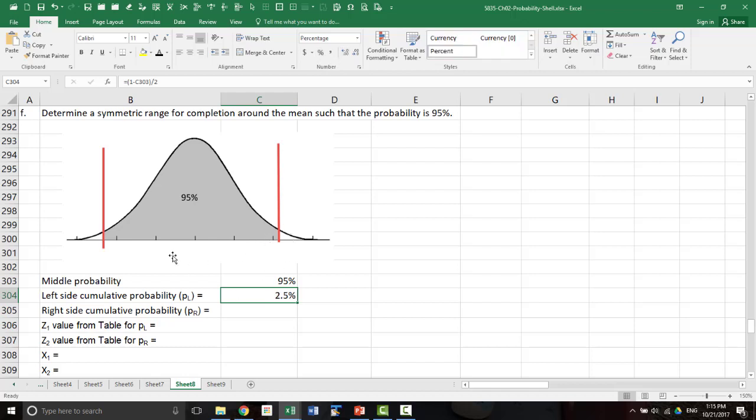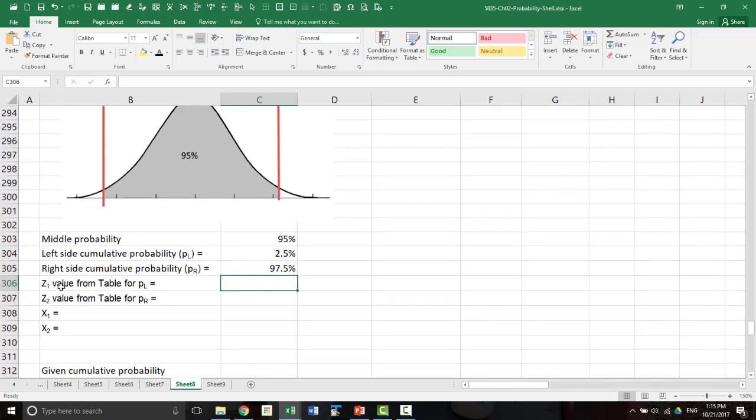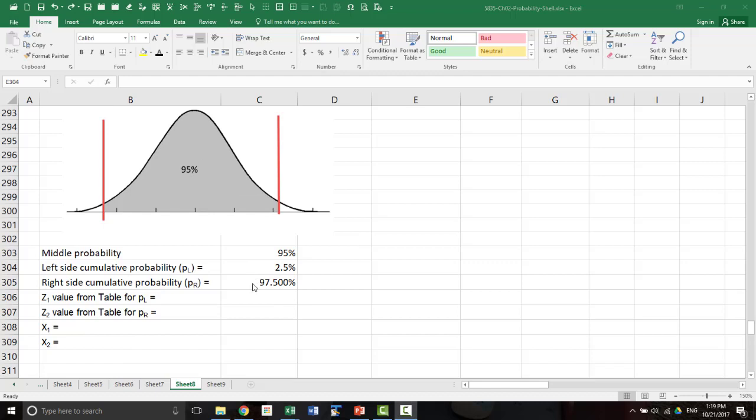The right side would be all of that plus that little tail. So that will be that plus that. So now we have the cumulative probability for these 2 points. Then we can find z. Now we need to find the z values.